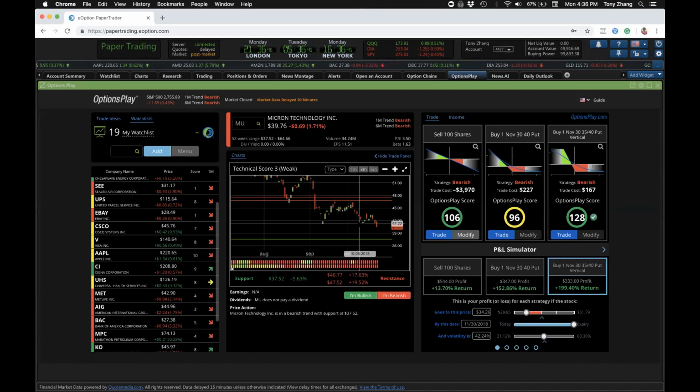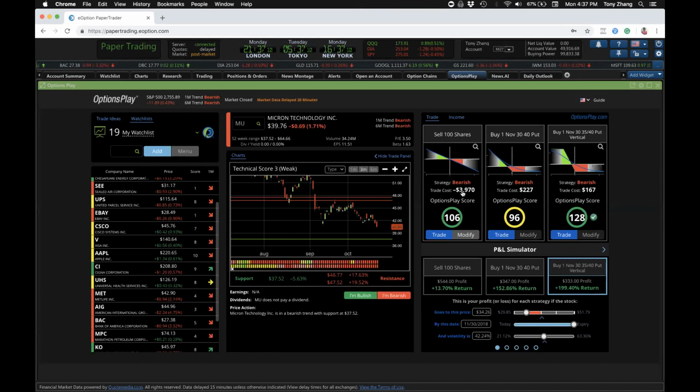So let's take a look at a bearish example here. Micron's trading at 39.76. I clicked on I'm bearish, which now means that I can short the stock, I can buy a put option, or I can buy a put spread. On one of them, I'm risking unlimited amounts of money, because when you short a stock, you truly have unlimited risk if the stock takes off. Buying a put option gives you limited risk to take that same directional view.